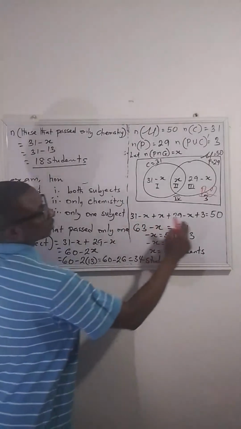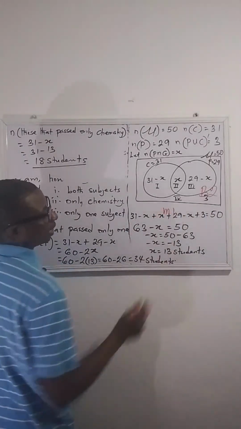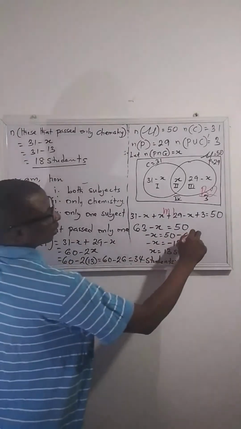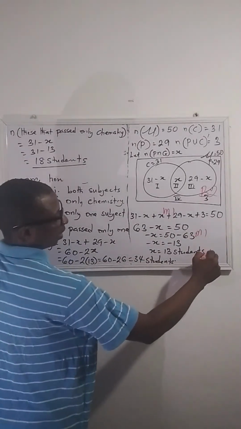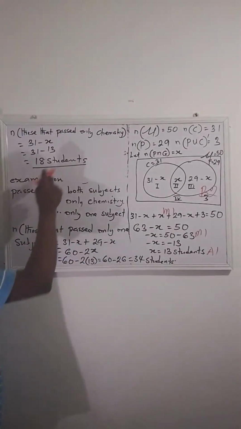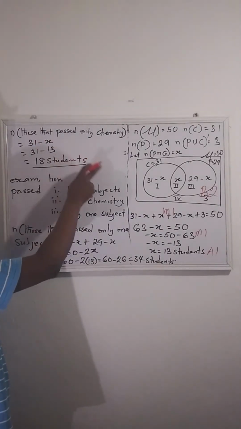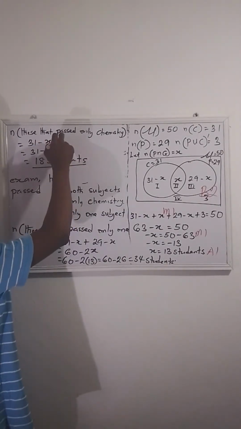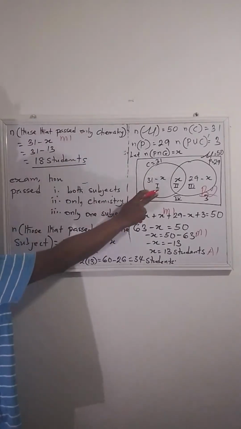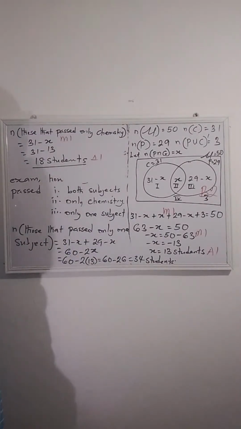Now for writing this equation, there will be a method mark M1 for that. For solving, method mark, and for getting your answer, A1. All right, so here now, those number of those that passed only chemistry, M1 for writing this from the diagram, and for getting the answer, we have A1.